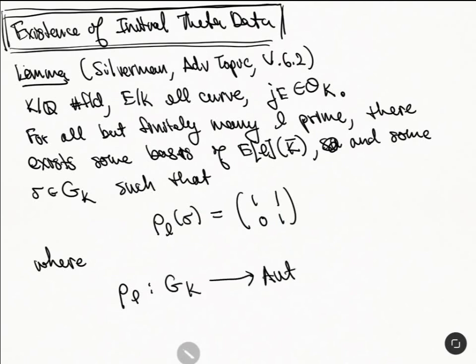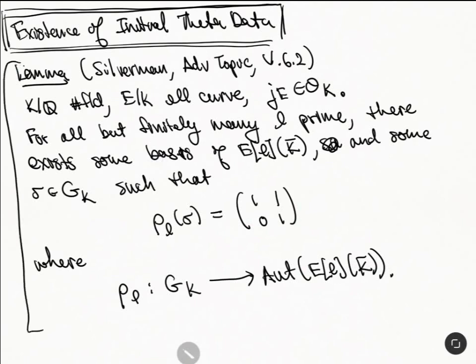And so this is, of course, written with respect to the basis of E[l](K bar). Okay, so this is the lemma. It says that this condition that we needed will work for all but finitely many l. So there's going to be some sigma here so that this thing works.